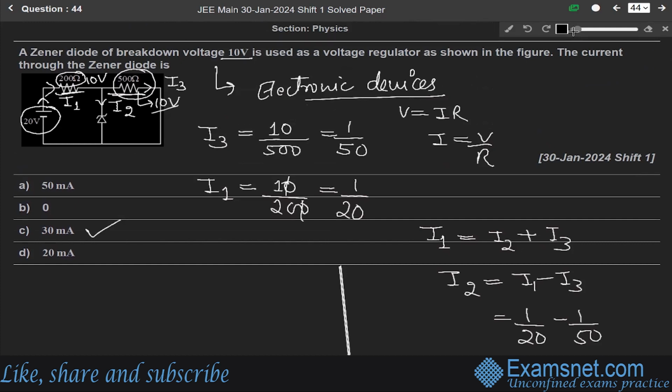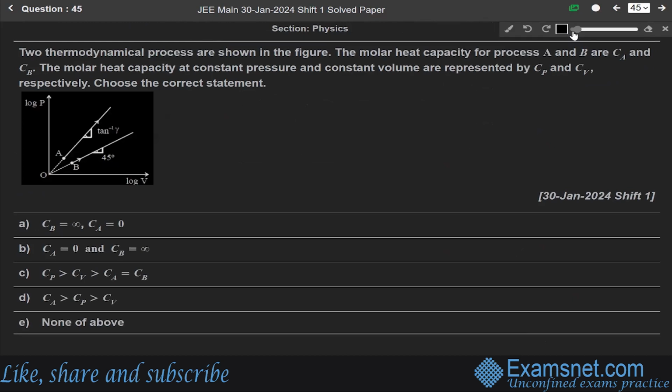Now, next question 45. Two thermodynamical processes are shown in the figure. The molar heat capacity for process A and B are CA and CB. The molar heat capacity at constant pressure and constant volume are represented by CP and CV respectively. So we have to choose from these 5 statements.